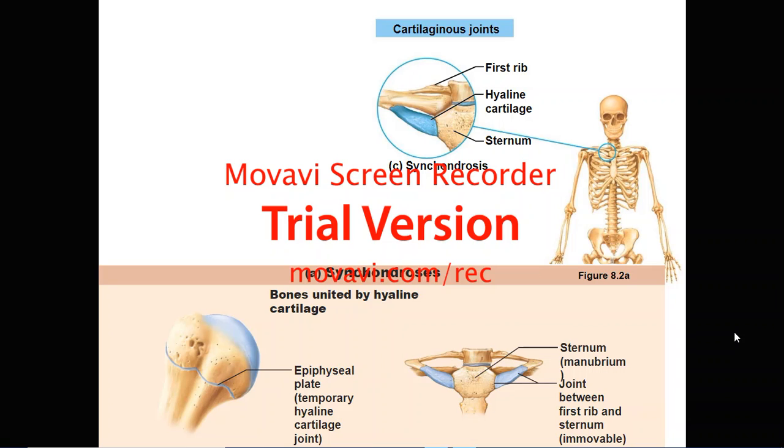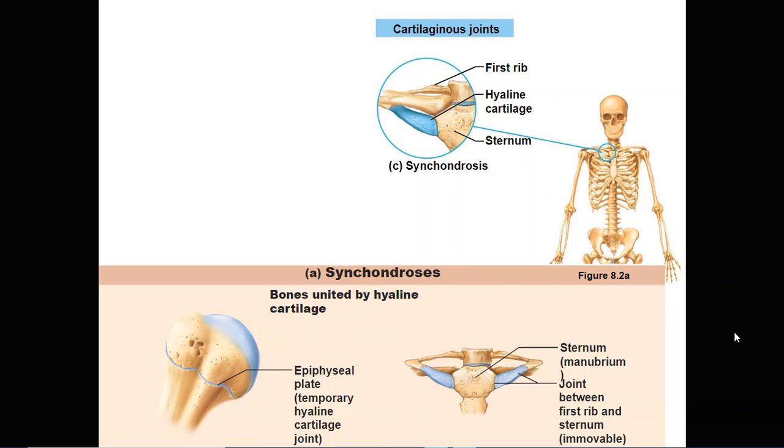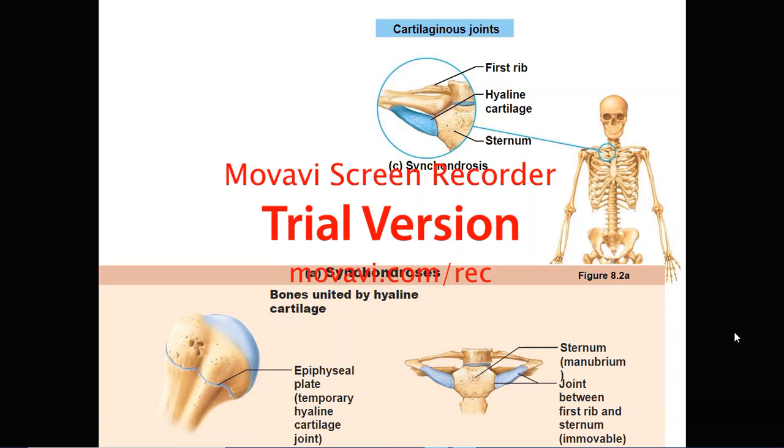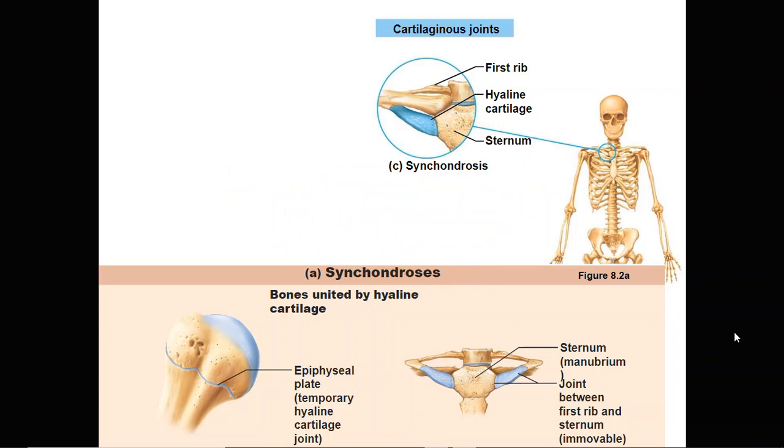All right, and then that's going to be temporarily joined by hyaline cartilage. But then as you get older, once you finish with puberty, the epiphyseal plate seals, and then growth is no longer possible. But again, at the epiphyseal plate, that's where you can find an example of a synchondrosis joint, and it's going to be united by hyaline cartilage.